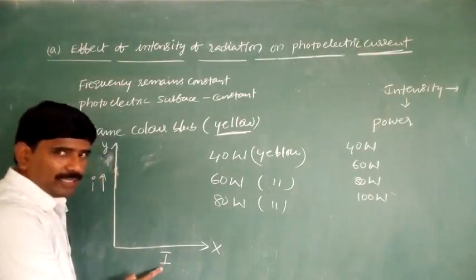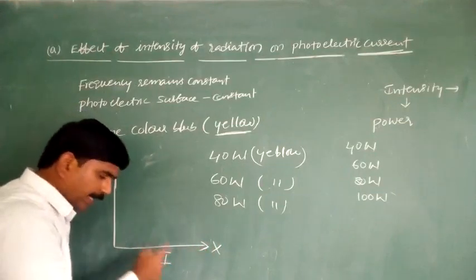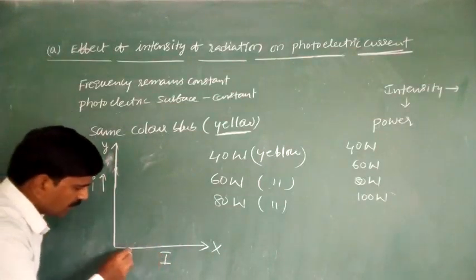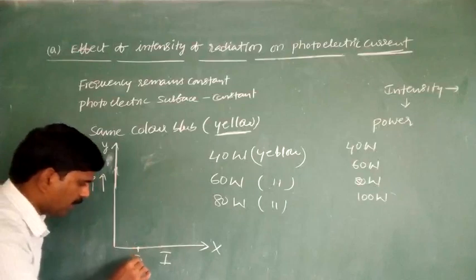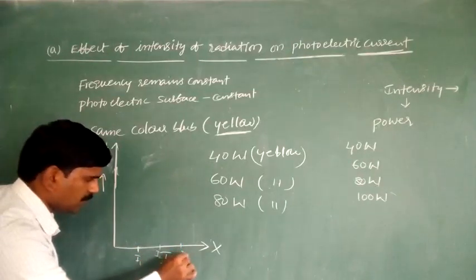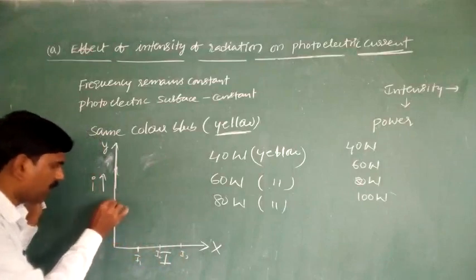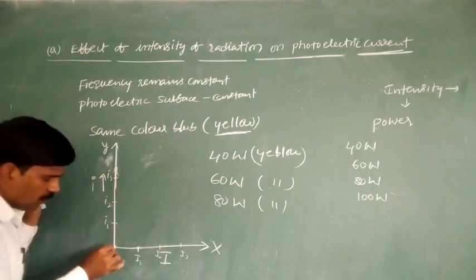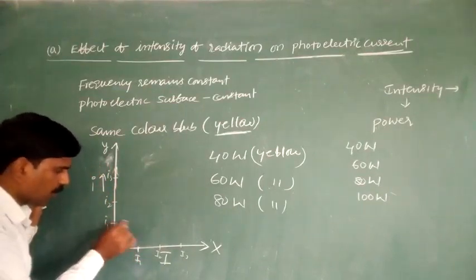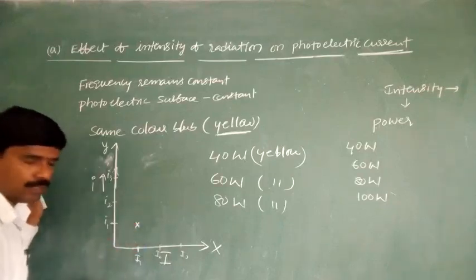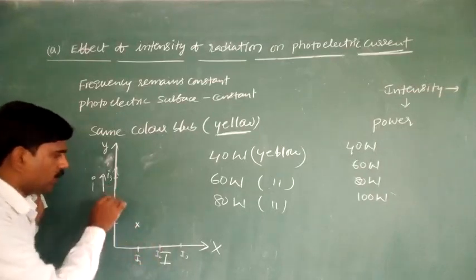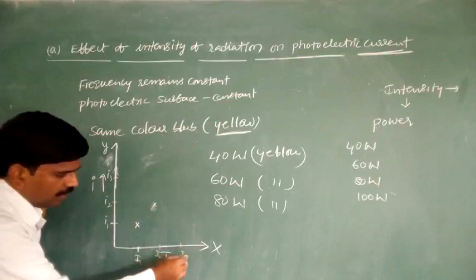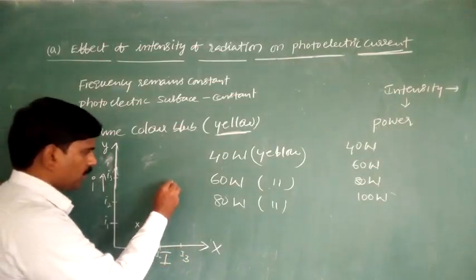These are the intensities I1, I2 and I3. When intensity is I1, the photoelectric current is small i1. When intensity is I2, the current is i2. When intensity is I3, the current is i3.